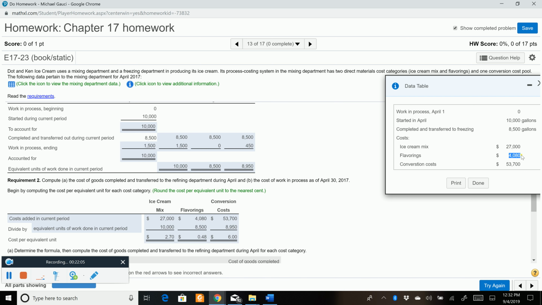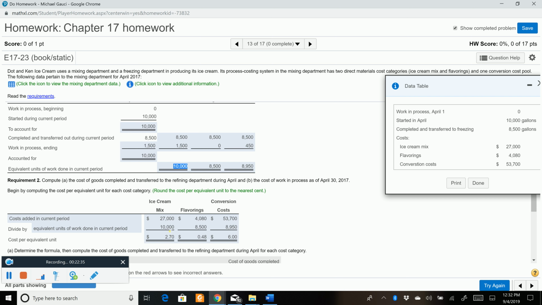We've introduced $27,000 of ice cream mix, $4,080 of flavorings, and $53,700 in conversion costs. So those are our 3 types of costs that were added: 2 direct materials and our conversion costs. We will then take our total cost added during the period, and we will divide it by the equivalent units that we just figured out.